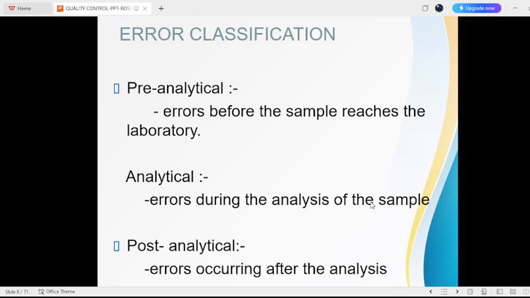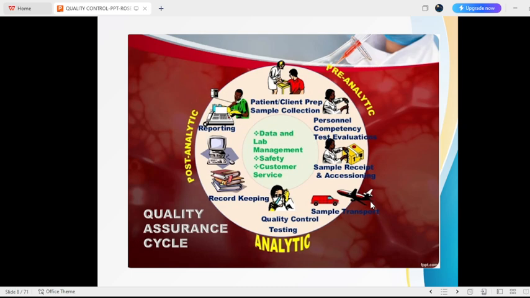Analytical errors, from the name itself, means errors that occur during sample processing. And finally, post-analytical errors are the errors that occur after the analysis, that is during reporting or data analysis, calculations and transcriptions. So the errors that come during these procedures come under post-analytical errors.